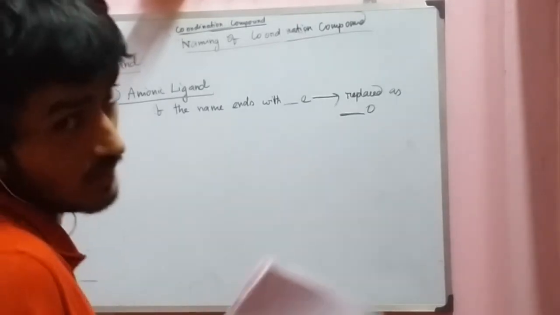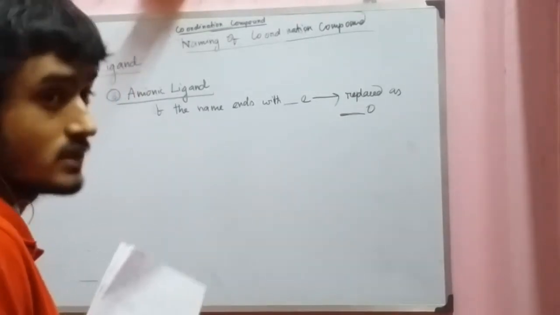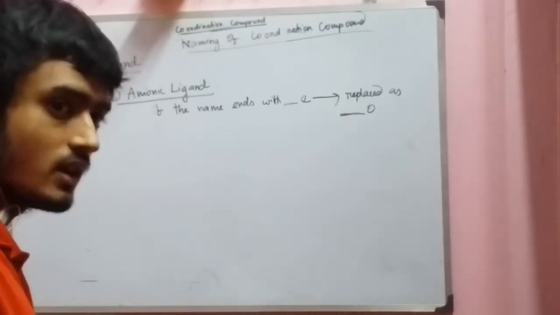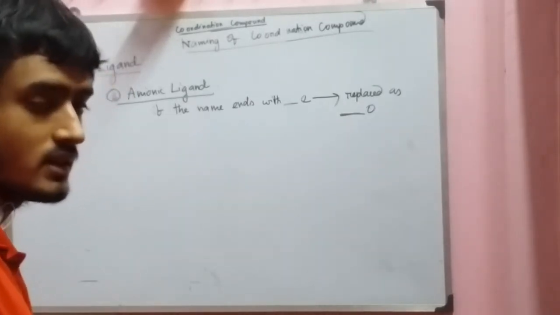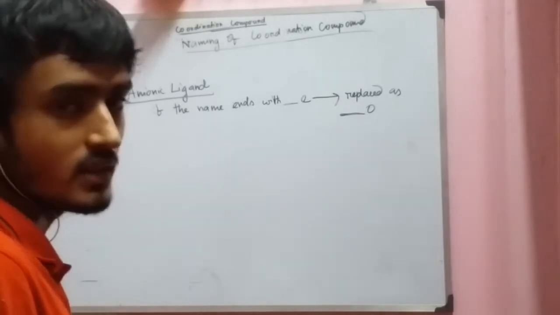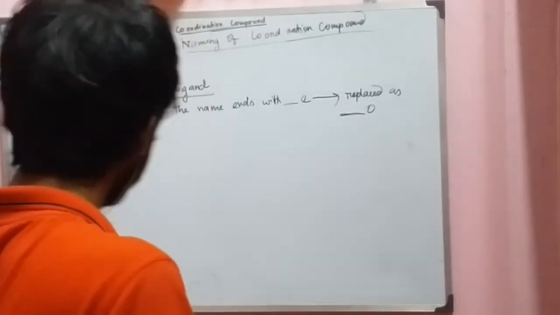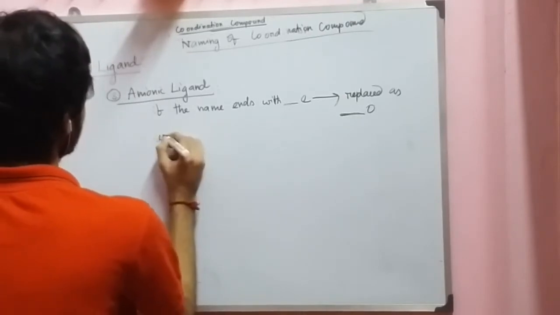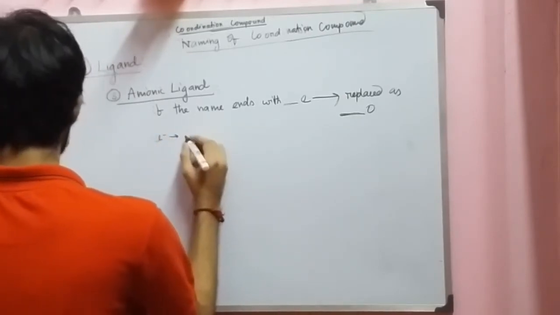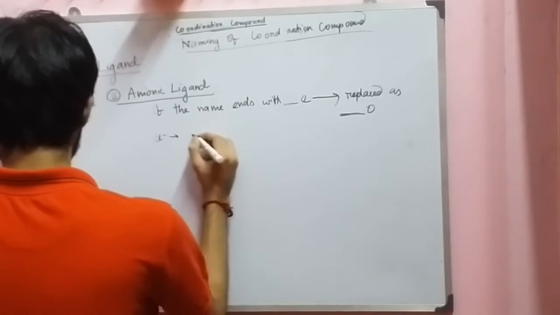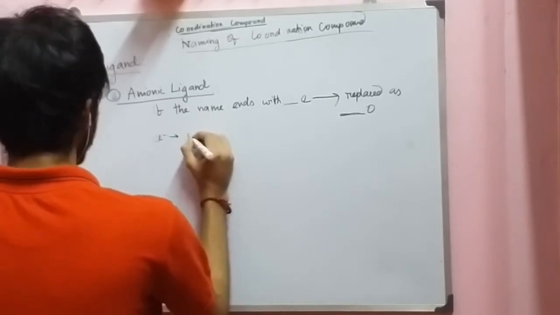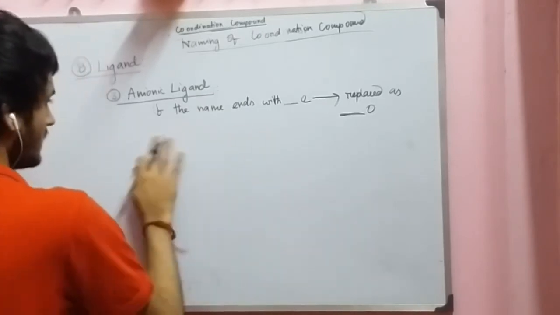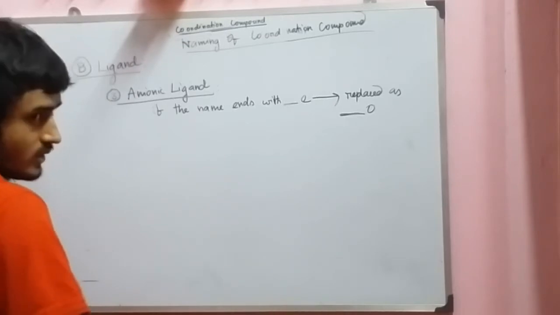Let's take the examples here. The examples are many, just read them again and again, and after days and days the examples will be in your grip. So Cl minus is chlorido. Let me first make you understand one example.